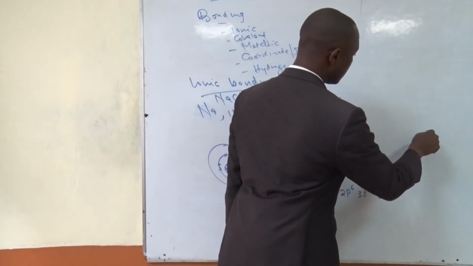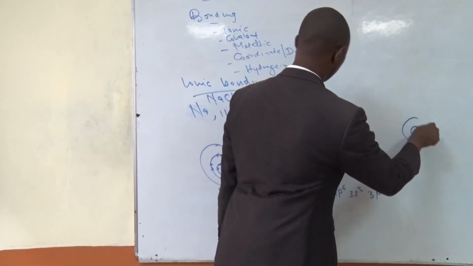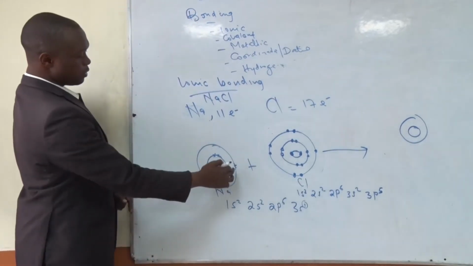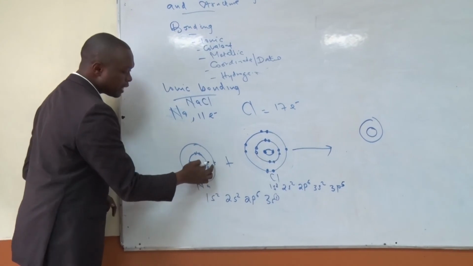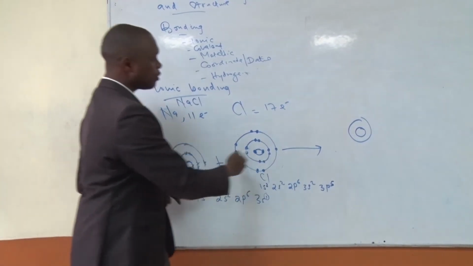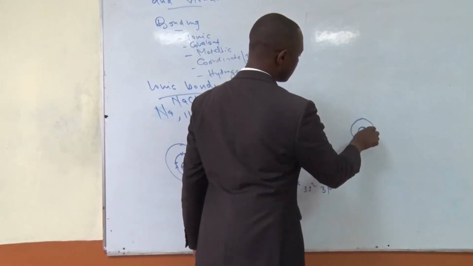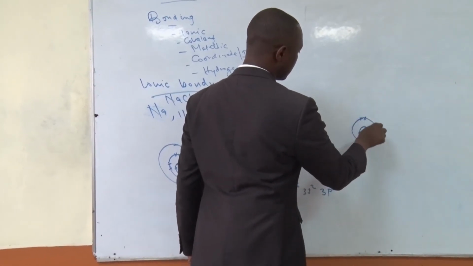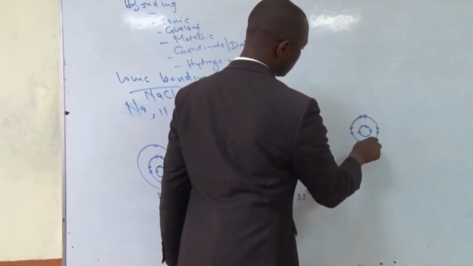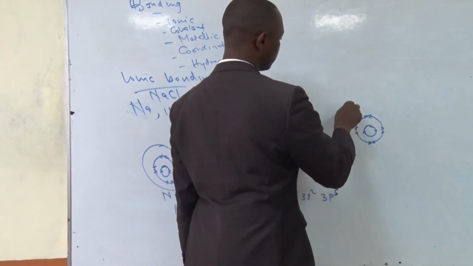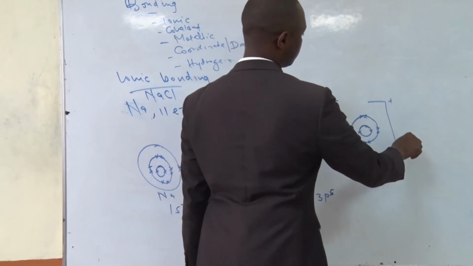So we draw our orbital for the sodium. Because we are going to lose the outermost electron, we are going to do away with this orbital. So we are only going to have 2 orbitals or energy levels, and these are the 8. Because now it is stable, it is charged now. Remember, positive.